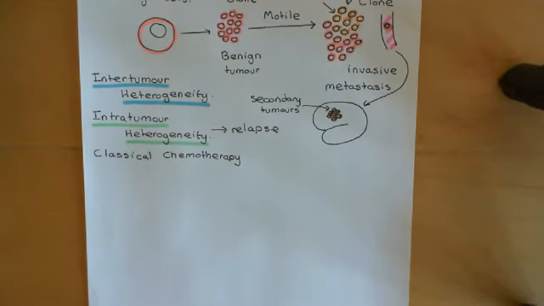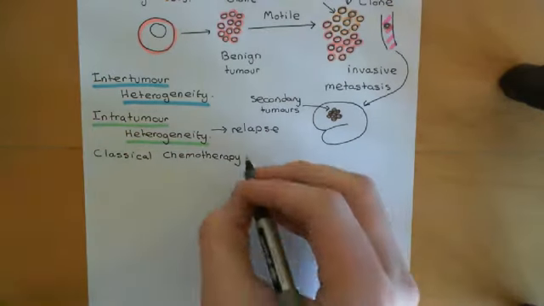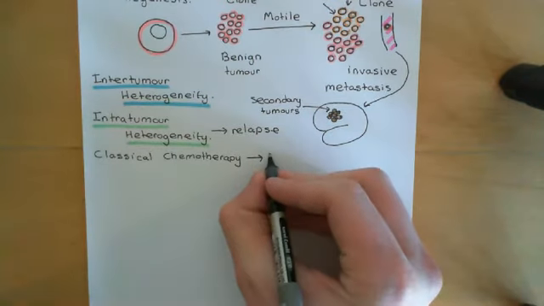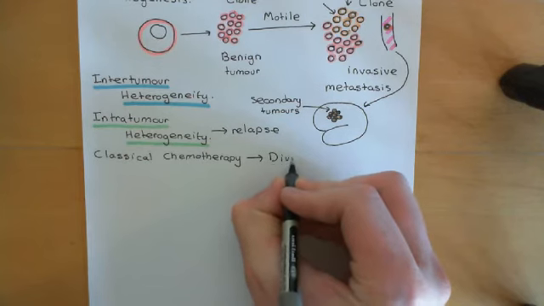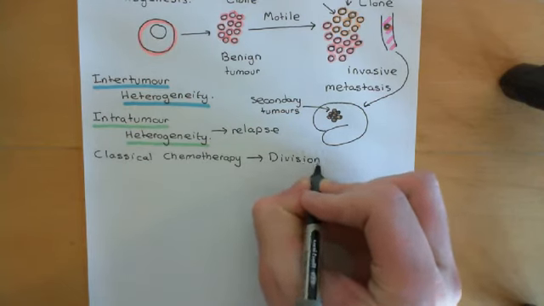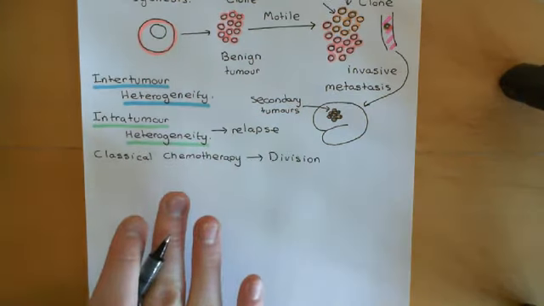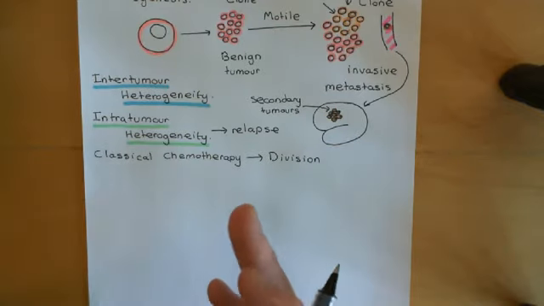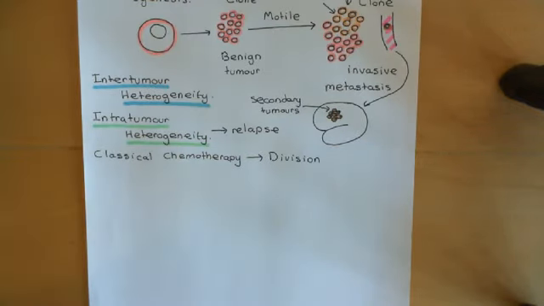Classical chemotherapy refers to very, very powerful cytotoxic drugs, the ones that generally cause you to lose your hair. Now the reason these drugs work against cancer is that generally the way they work is by stopping cell division. We'll see many examples of classical chemotherapy in this video when we come on to talk about some examples of personalised cancer medicine, and I'll show you how we're beginning to get personalised cancer medicine using classical chemotherapy. That will become clearer later on.